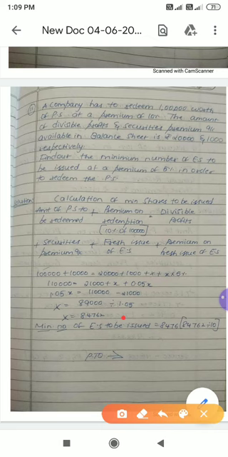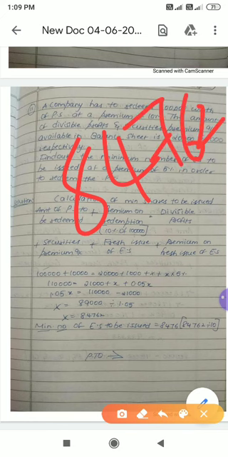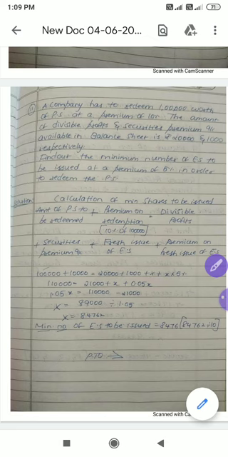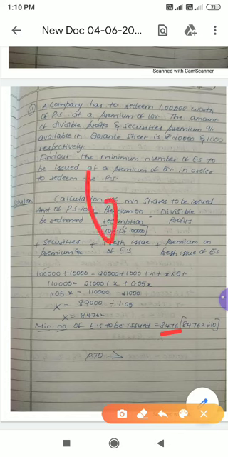Now for the minimum number of shares, please remember, the face value of shares will always be 10 rupees. If they don't give it, you should assume 10 rupees. So 84,762 divided by 10 rupees gives 8,476. Minimum number of equity shares to be issued is 8,476. That's all, which is very important for 6 marks.